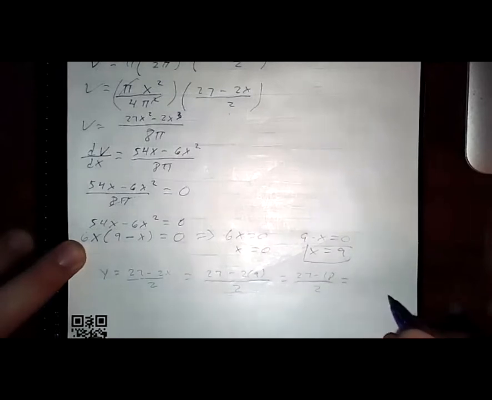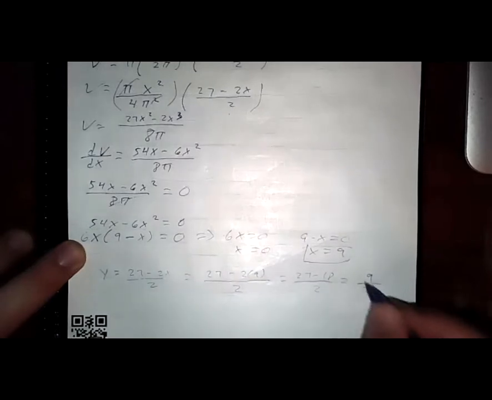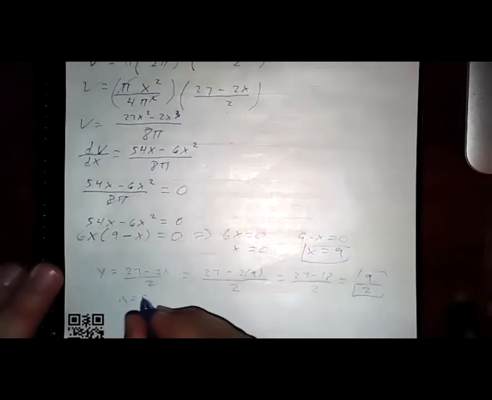That'll be what we wanted, right? Okay. So these dimensions, x equals 9 and y equals 9 halves, maximizes the volume.